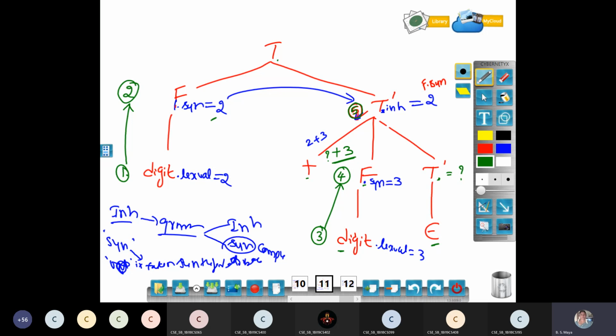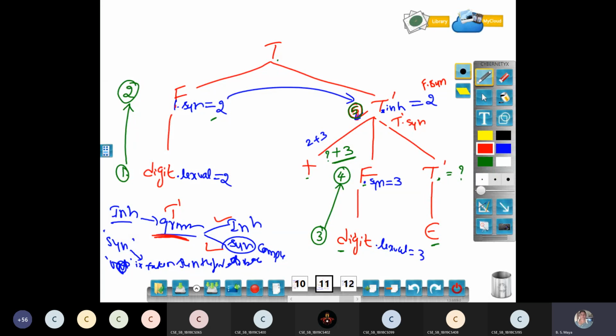Okay, now we can compute. Wherever inherited should be there, carefully observe, this T dash contains synthesized also. While taking synthesized, I can't take syn, because this syn and that syn are different. Normally I use the variable syn for a grammar symbol, but T dash is a grammar symbol that contains both inherited and synthesis.